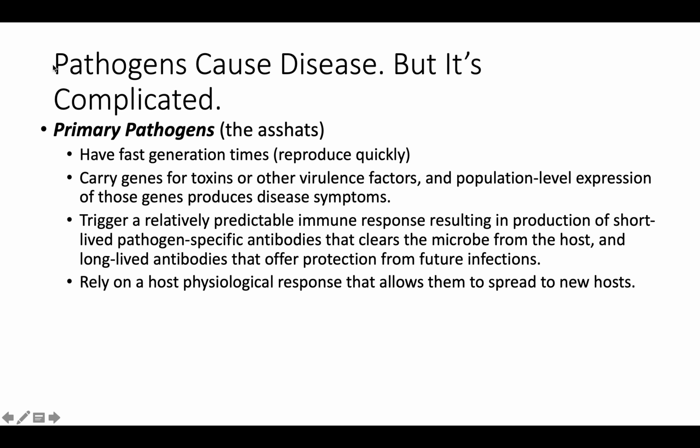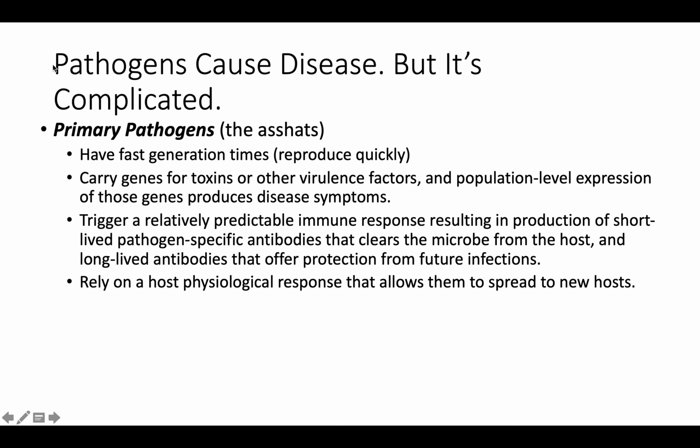They also carry the genes for toxins and other virulence factors. Okay? And at the population level, after they've reproduced enough, they will express those genes that produce the symptoms, such as a fever or sore throat, muscle aches. So these are the signs and symptoms. This is an example of a primary pathogen.